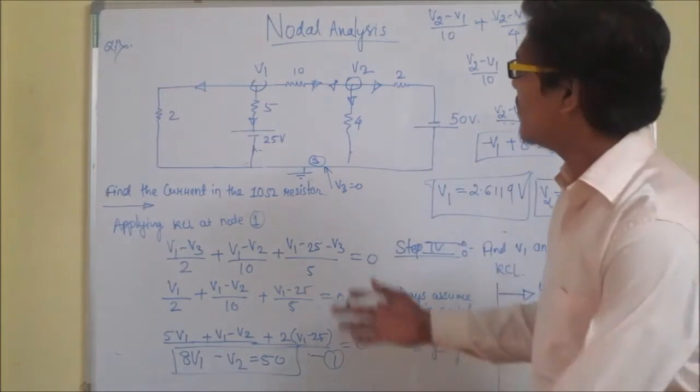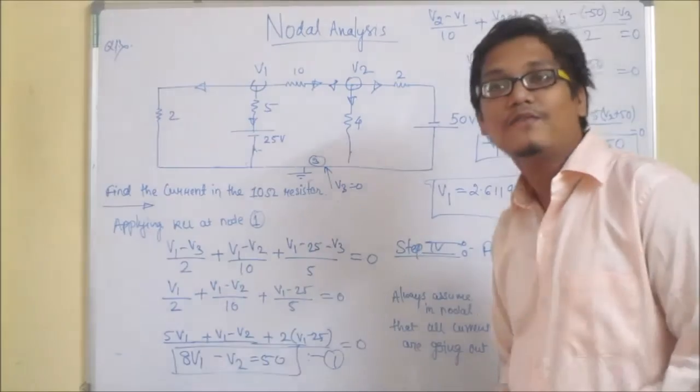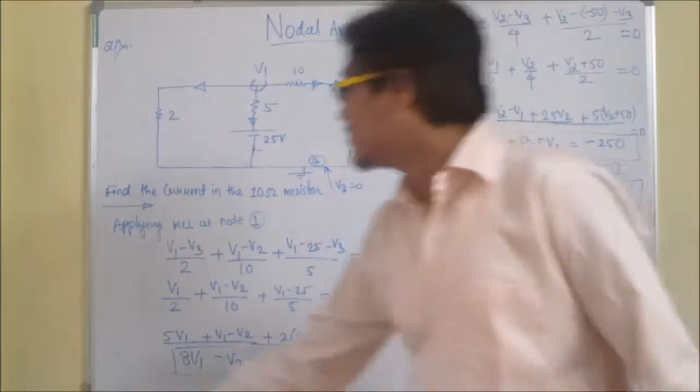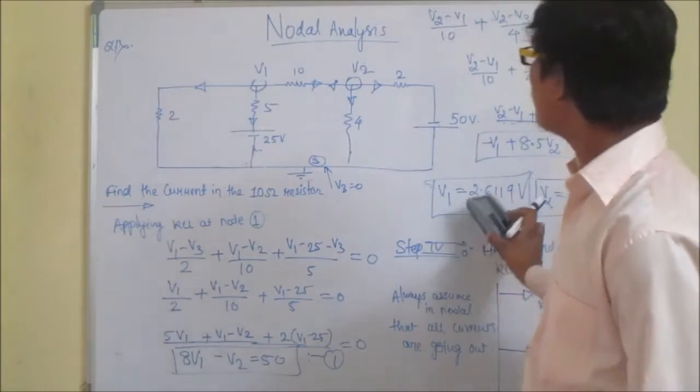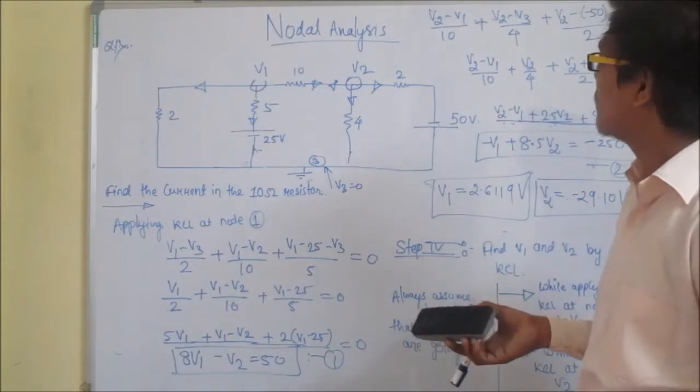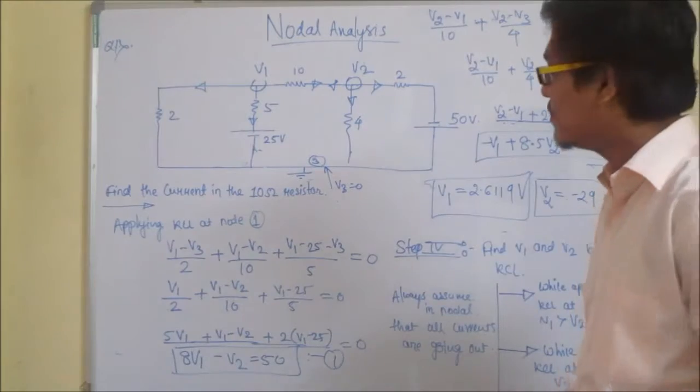Now how are we going to find the current? This is the very crucial point. Now I will just keep these two values and then solve on this side.